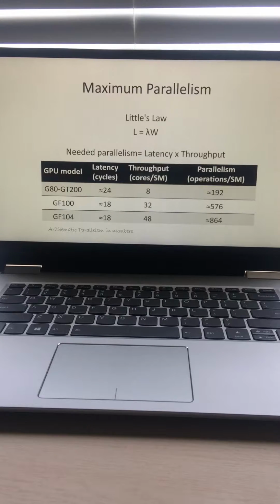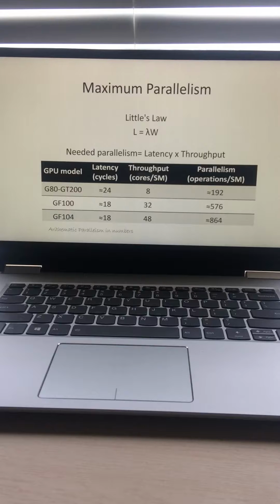Now let's talk about parallelism. Little's law says that to get the long-term average number of customers in any stationary system, we need to multiply the long-term average rate of arrival of the customers by the time they spend in the system.